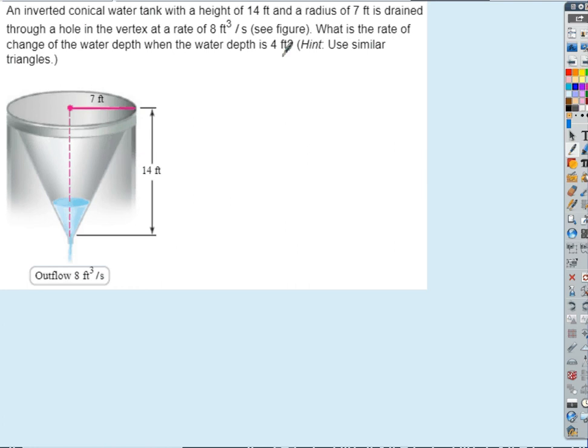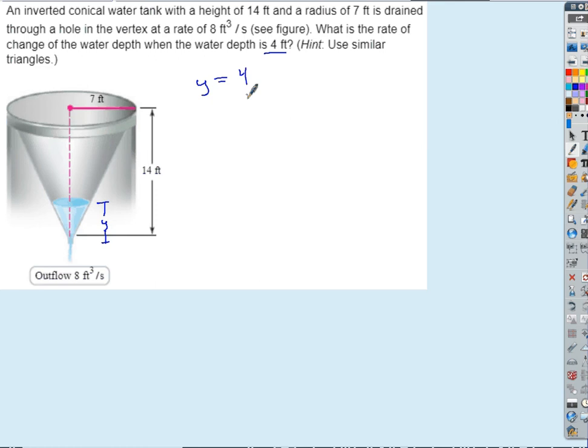We'll call the height of the water Y, and we'll call the radius R. So the height is 4, so we know Y equals 4, right? What else do we know about that?